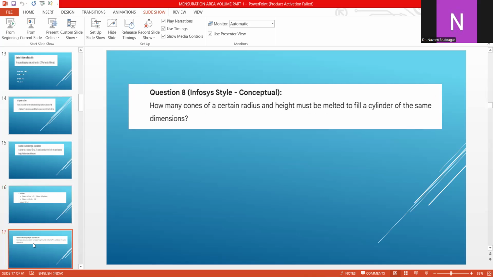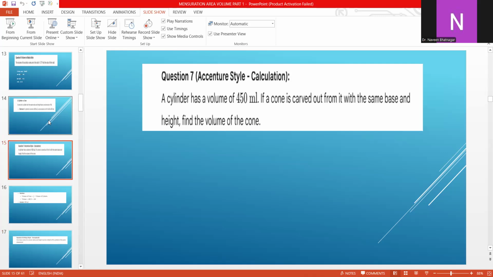Let's move on to another Infosys style conceptual question: how many cones of a certain radius and height must be melted to fill a cylinder of the same dimensions? See, in this question, they have given you nothing regarding the radius and height of the cone and nothing regarding the radius of the cylinder. But we can use the same concept which we have discussed above.